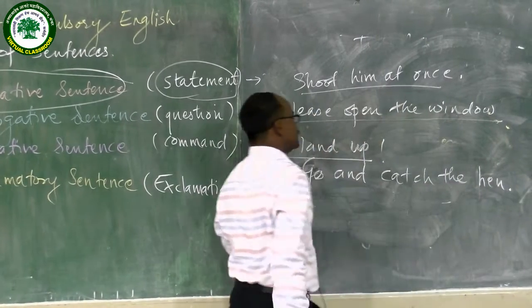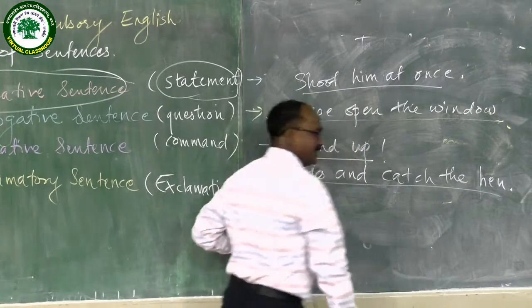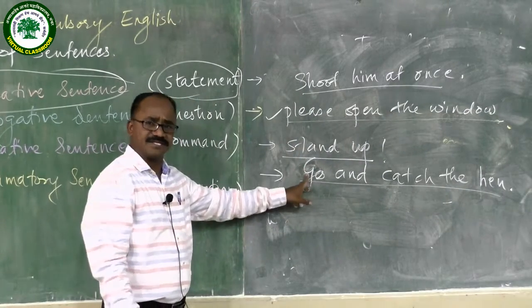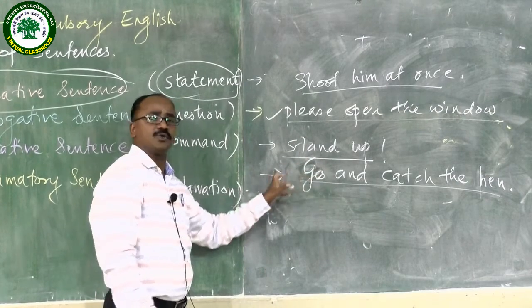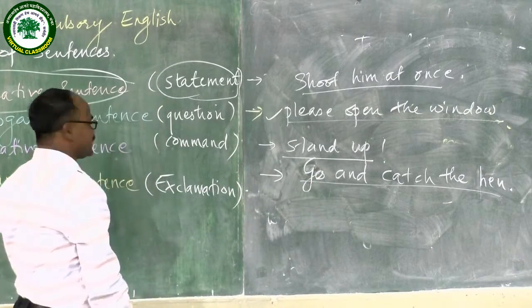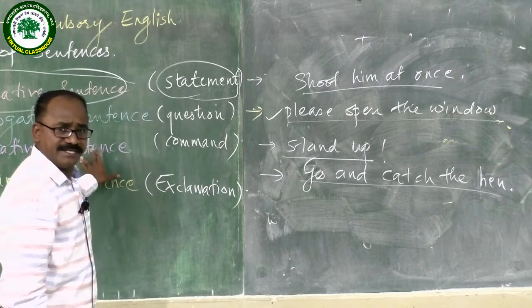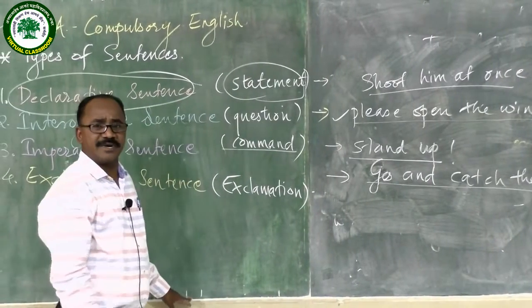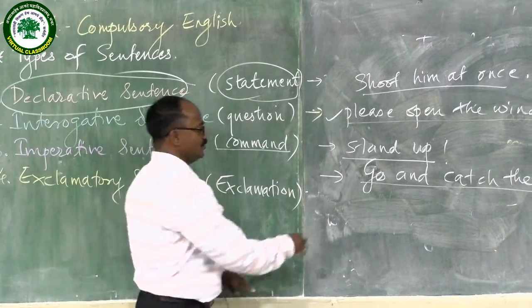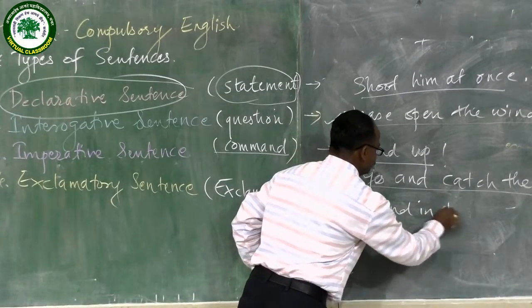Now here someone is giving an order to someone, go and catch the hen, in the sense that he is expecting the listener to obey him and do accordingly, and that is why this kind of sentence is called an imperative sentence. Generally commands, requests and advice. Advice, like see, stand in the queue.